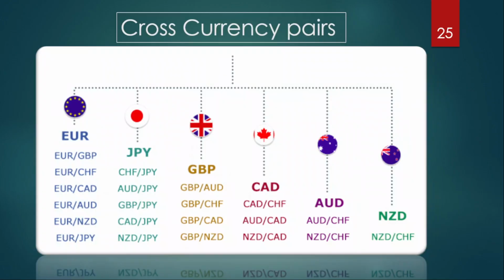For example, euro cross pairs are euro GBP, euro CHF, euro CAD, euro AUD, euro NZD, euro JPY.